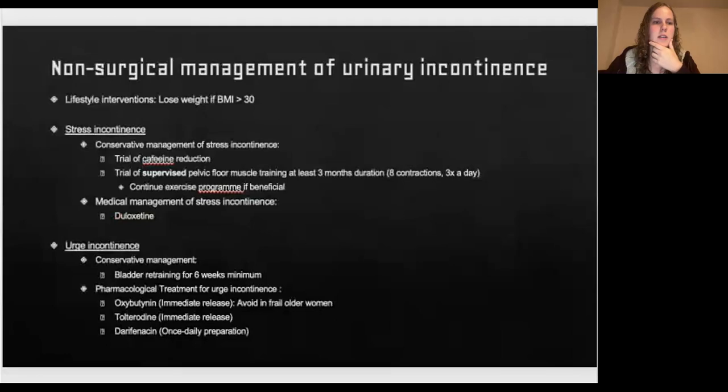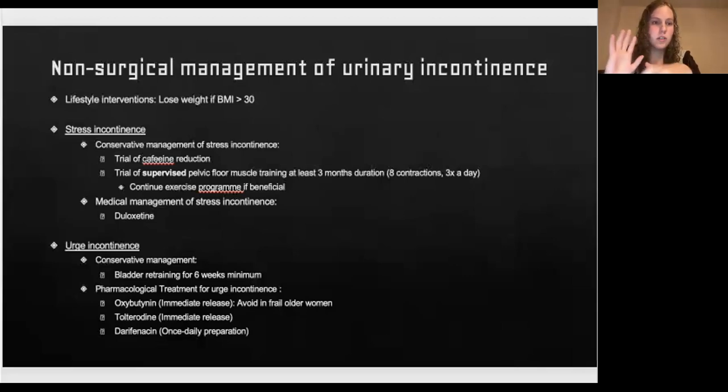So I'm just going to go to here. First, I'm going to quickly explain the difference in case people didn't understand. When you think about the bladder, it's important to think you've got two important muscles. One is the detrusor muscle, which contracts when you're emptying your bladder, causing you to release urine. And then there's the sphincter muscle, which is contracted most of the time to prevent any urine leaking out.